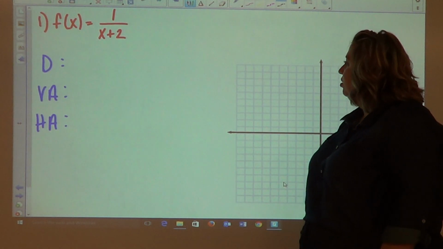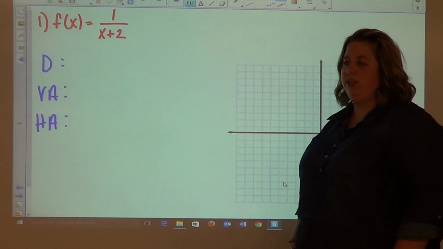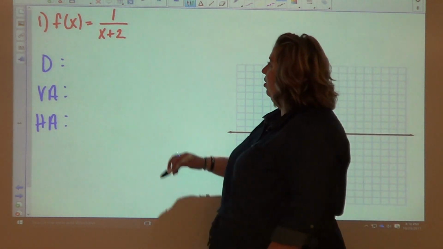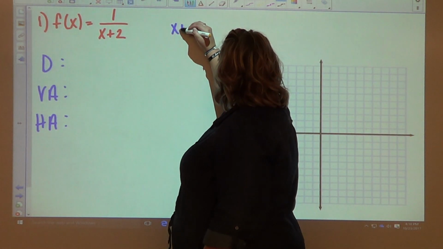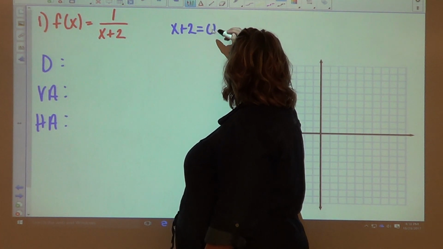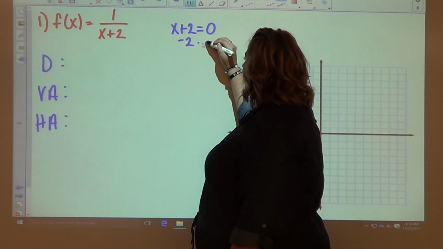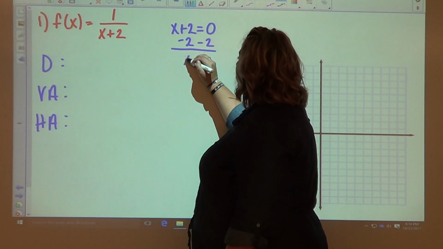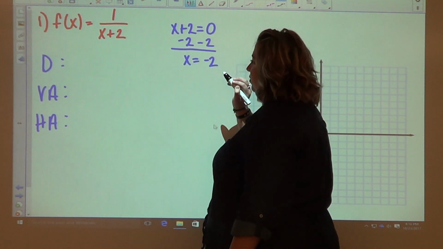Okay, so your domain is all reals except whatever makes the denominator equal to 0. So I would just set your denominator equal to 0 and solve. I'm going to subtract 2, so I have x equals negative 2.